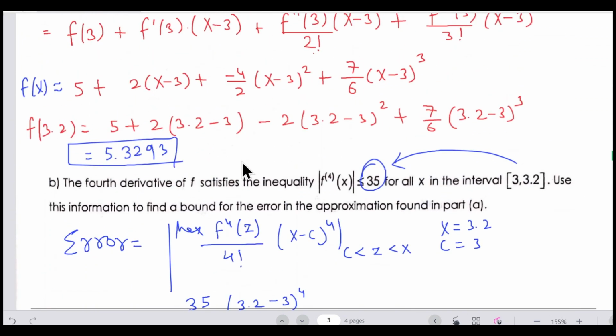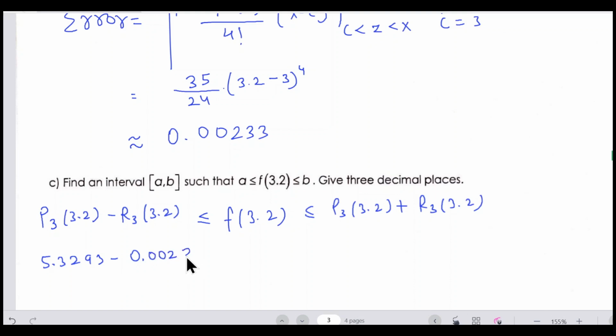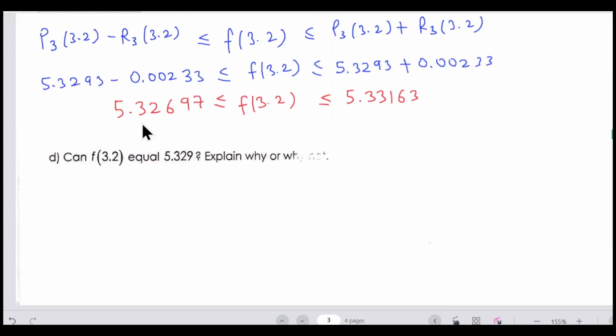What is this number? 5.3293. So 5.3293 minus 0.00233 is less than or equal to f of 3.2, which is less than or equal to 5.3293 plus 0.00233. That looks something like this after the calculation.